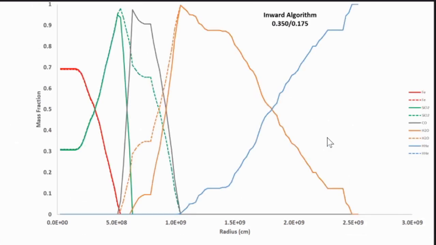And you can compare here that there's a lot of CO. And you can even see, because of the changes in temperature, the difference between the dashed iron curve without CO and the solid iron curve with CO. There's a slight difference because of the way that the temperature changes a little bit, but not very significant.